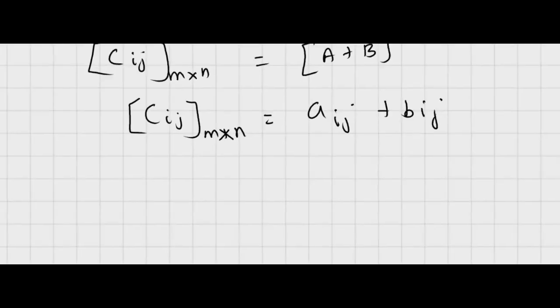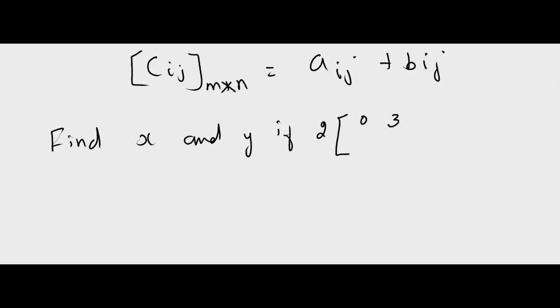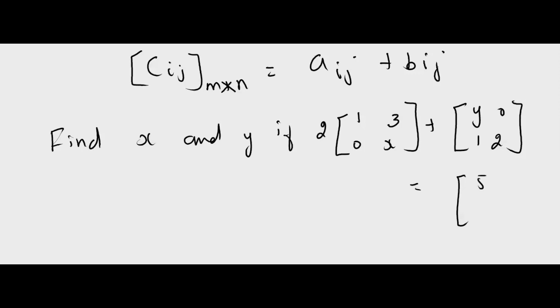Now let us look into a problem related to addition of matrix. Find x and y if 2 times the matrix [1 3; 0 x] plus [y 0; 1 2] is equal to [5 6; 1 8].